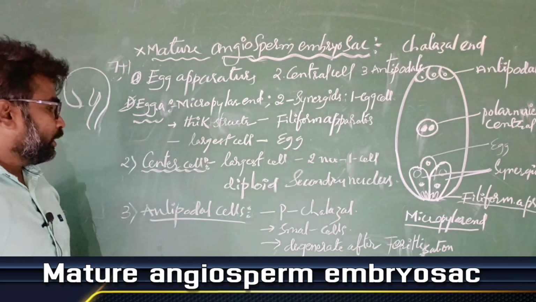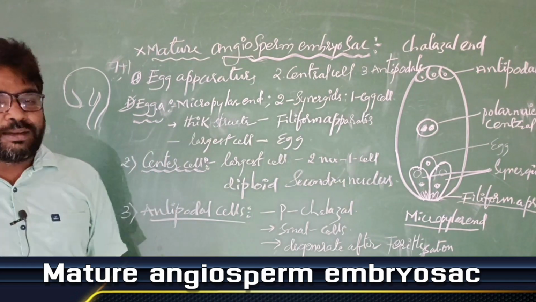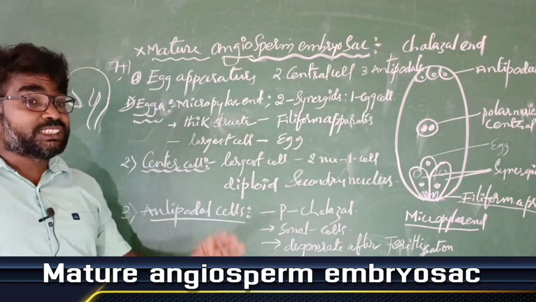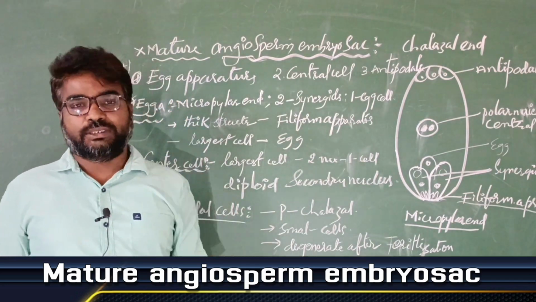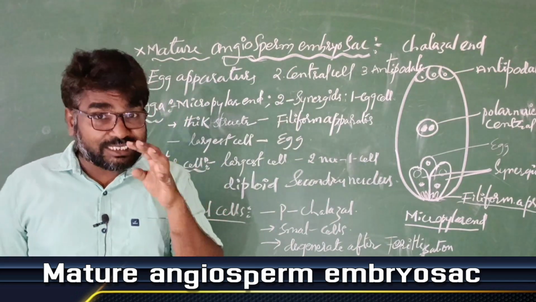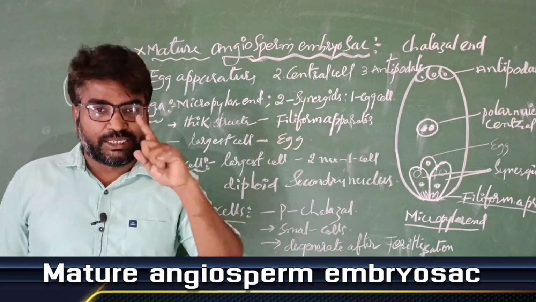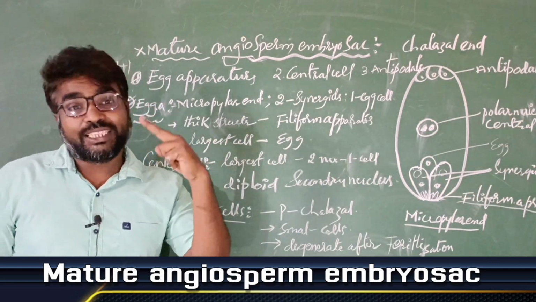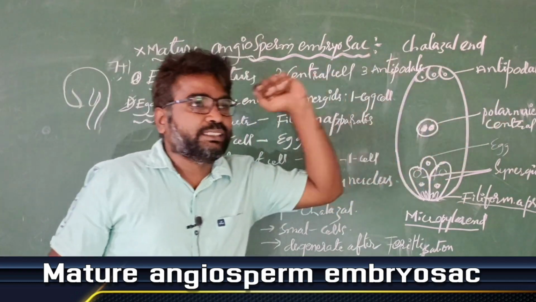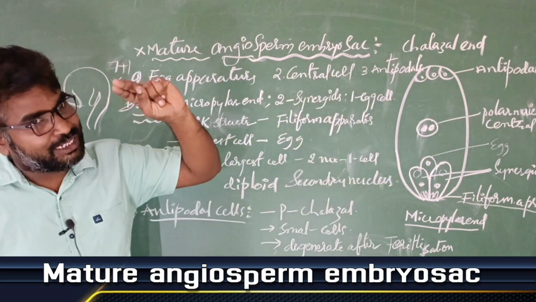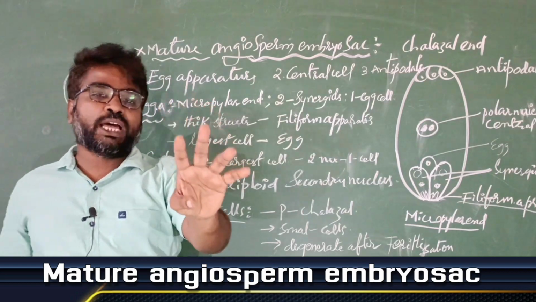Next one, the central cell. This is the central cell. Two nuclei are present in this central cell. This central cell is also called the polar nuclei. It consists of 2 polar nuclei.